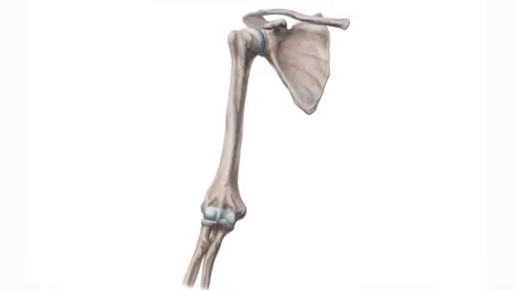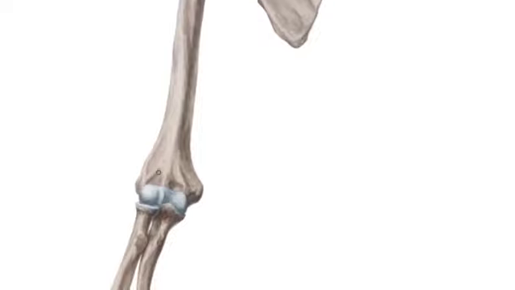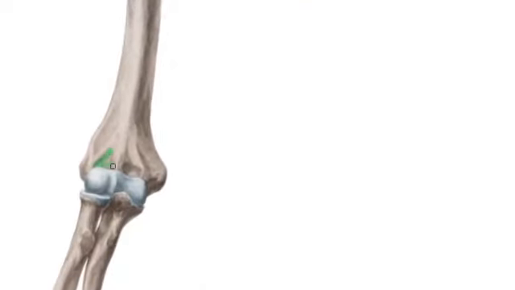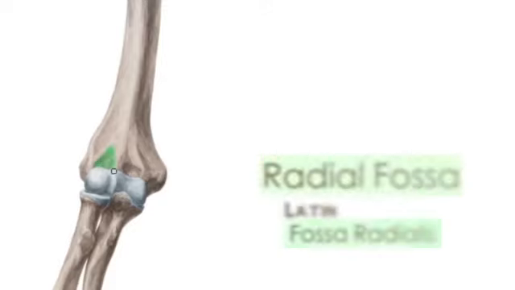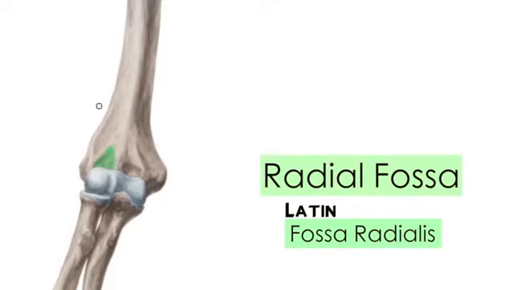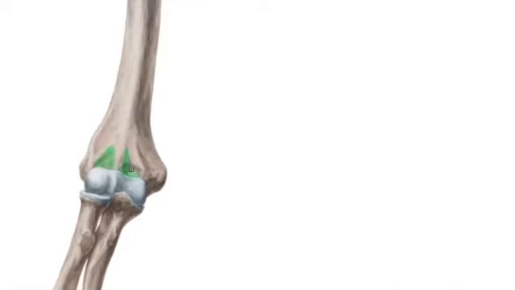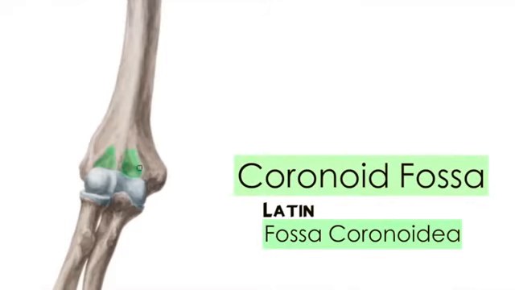Now moving further to a more distal point, you're going to find a fossa here, known as the radial fossa, and it's located laterally. On the medial side, you're going to find what is known as the coronoid fossa.